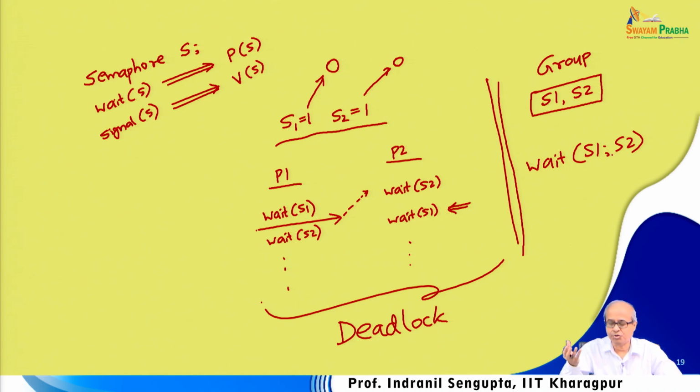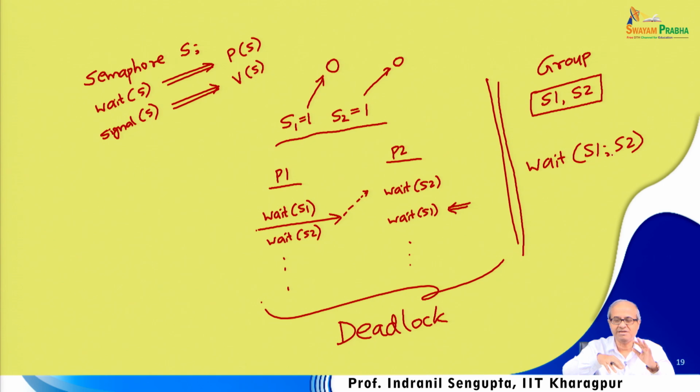If you do it together, then this deadlock situation will not happen. Only one of P1 and P2 will find that both S1 and S2 are 1. That process will be able to execute this wait on the group S1 S2, and both S1 and S2 will become 0. The other process will be waiting.